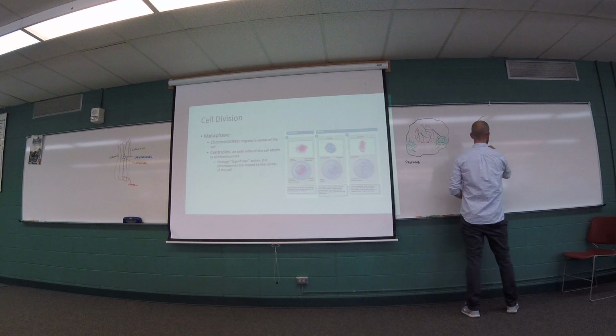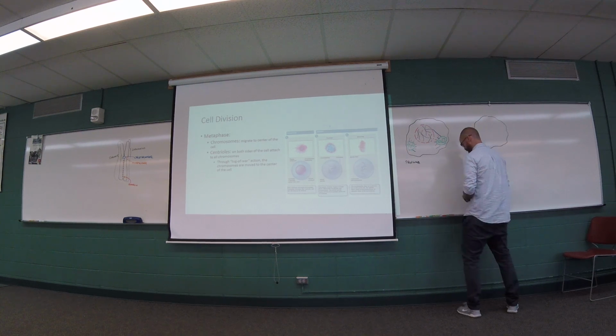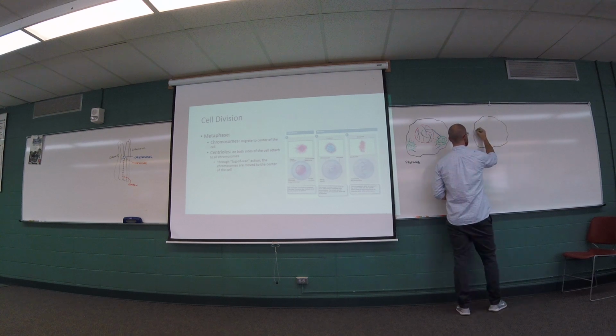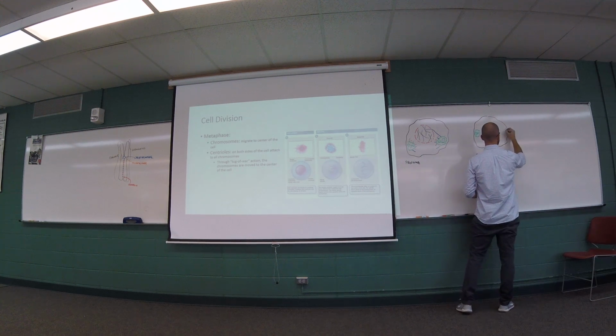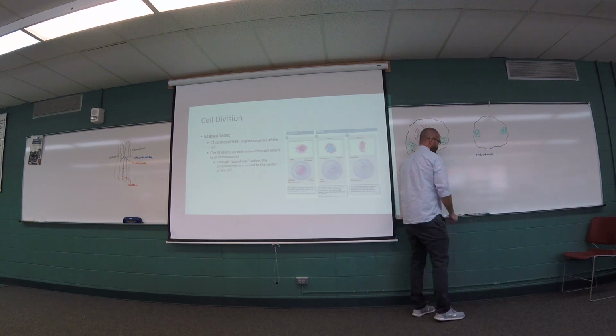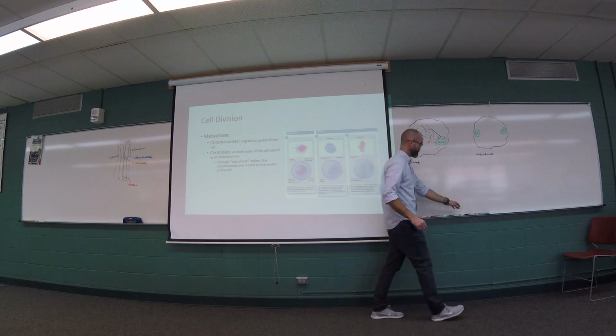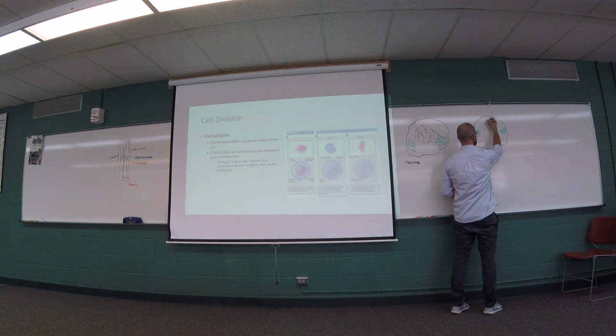We have our big cell. And our chromosomes at this point are completely condensed. So they're these tight little X-looking things like this.